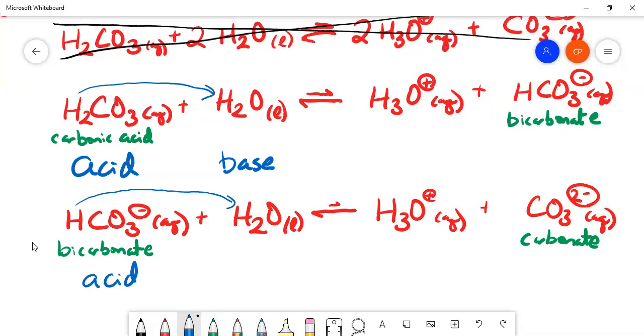Bicarbonate ion behaves as an acid. Water, again, behaves as a base. Is everybody comfortable with the idea of dealing with water as a base? Okay?